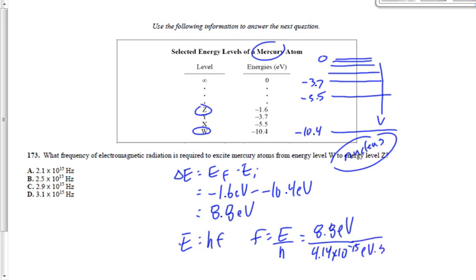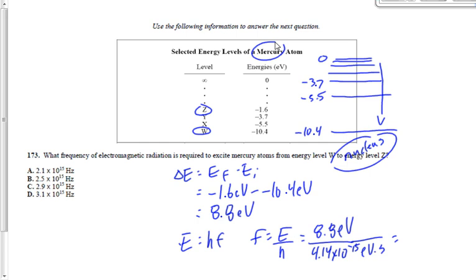Now, listen, be careful. This is a question that you absolutely could see. This is a good question, and in the grand scheme of things, a relatively straightforward question, right? Be prepared to see one of these diagrams solving for frequency of EMR given off or absorbed, or wavelength of EMR given off or absorbed.